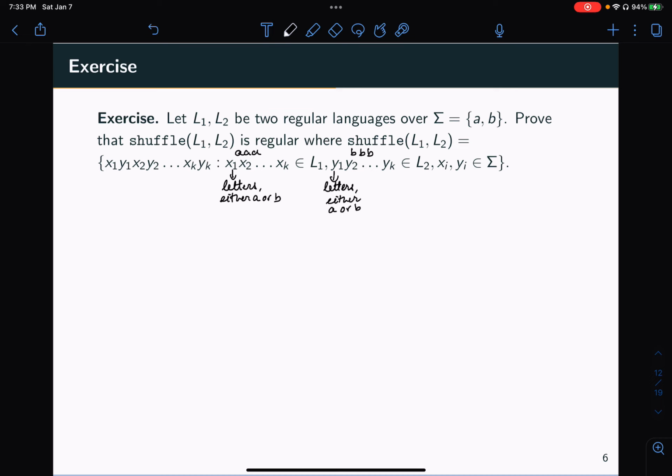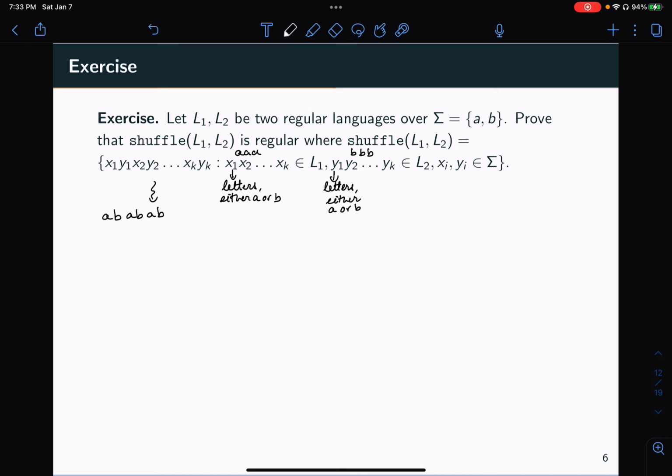Okay, so in the case where we had the string AAA in L1 and BBB in L2, then the string that we would get out of that would be AB, AB, AB. So that would be a new string in the language shuffle. Okay, so that's what the shuffle operation actually does.